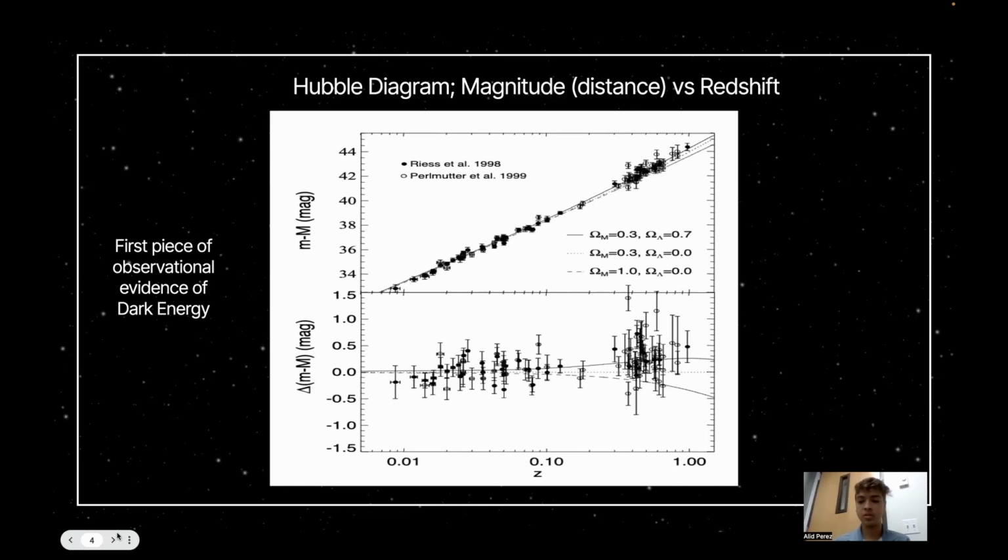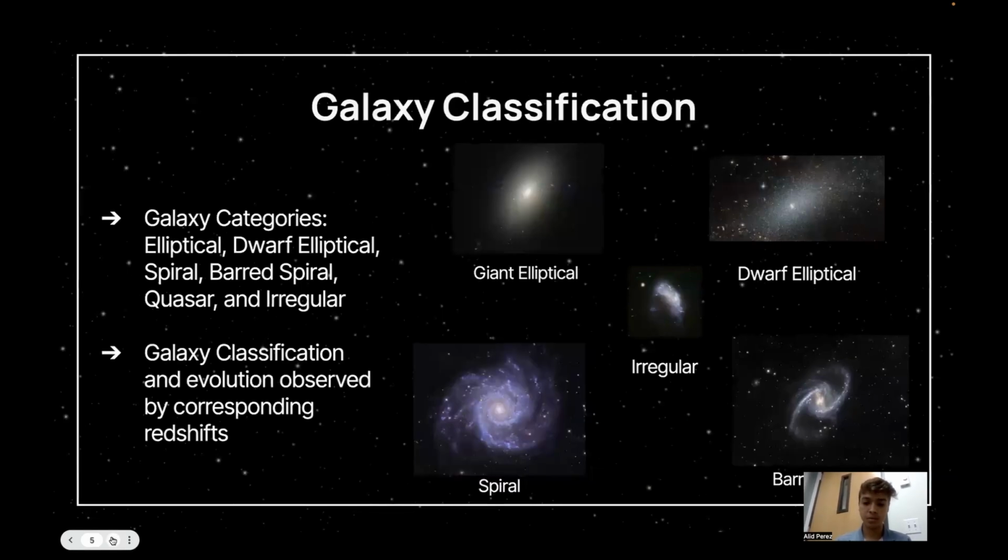This third line shows what it would look like if the entire universe was solely made of matter and had no dark energy. The fact that the first line, the one with 70% dark energy, fits the data better than the other two leads us to believe that there's something causing the expansion of the universe, which we now call dark energy.